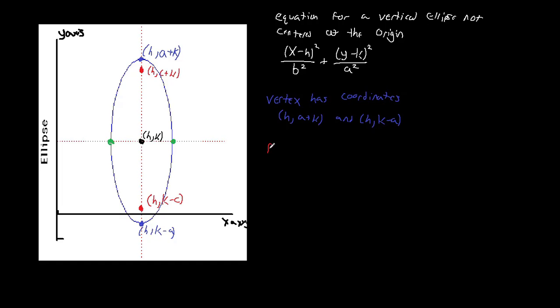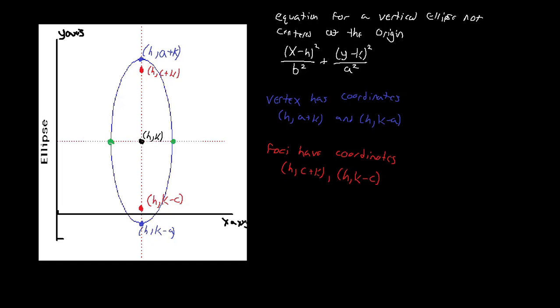All right, so our foci have coordinates of h comma, the top one has c plus k, and the bottom one has h comma k minus c.